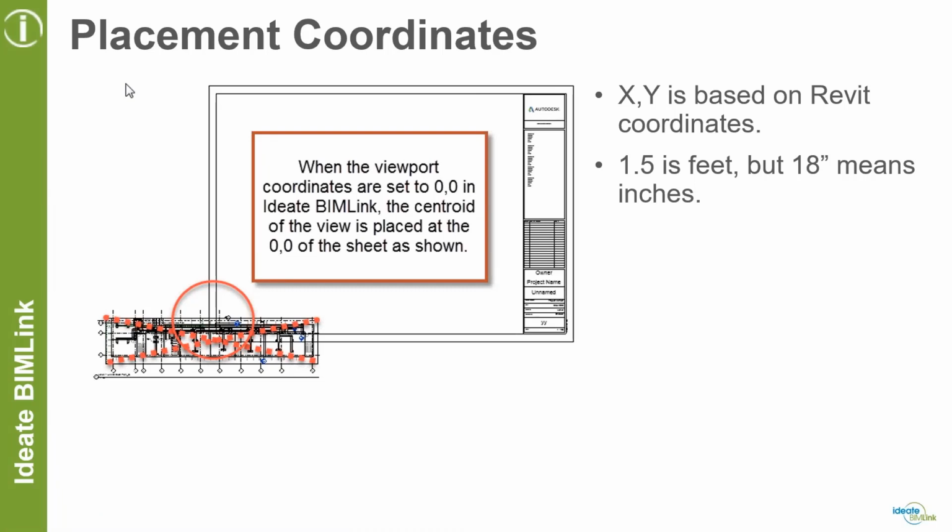So if I put in 1.5, it's feet, but if I put in 18 and the inches symbol, it actually means 18 inches. As I mentioned, the centroid at 0, 0 would be placed right here on the lower left of the sheet. So if I wanted it to be 1 foot over, that is the X and Y coordinate.